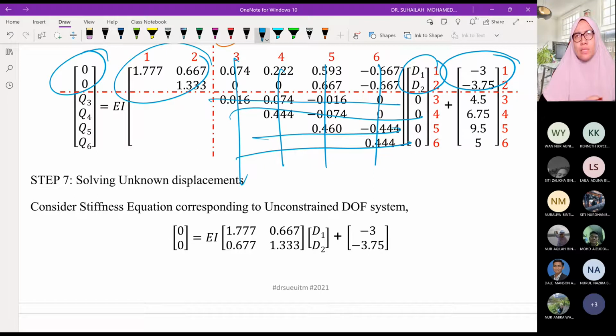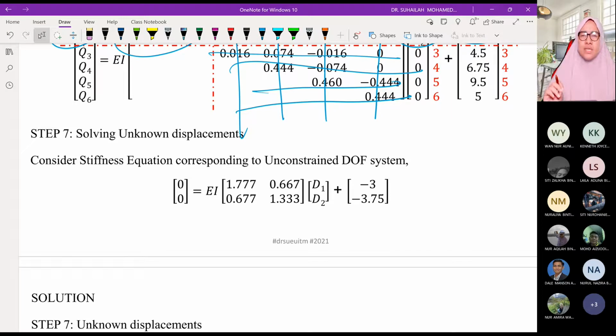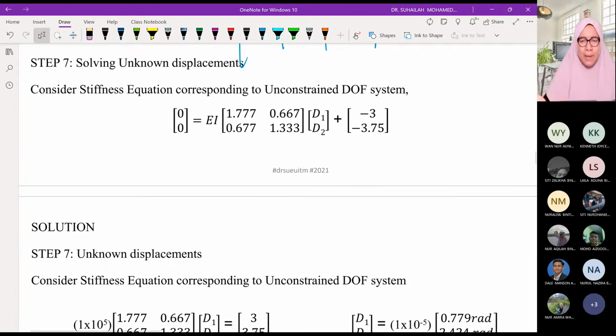Whenever we want to solve unknown displacement, okay, without support settlement effect, what we should do is we just need to consider the stiffness equation corresponding to the unconstrained degree of freedom system. So we rewrite it back, we get this.